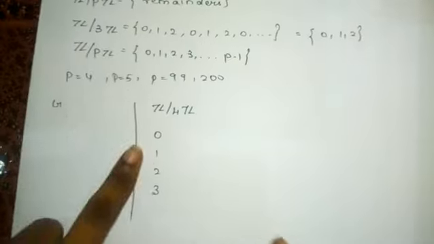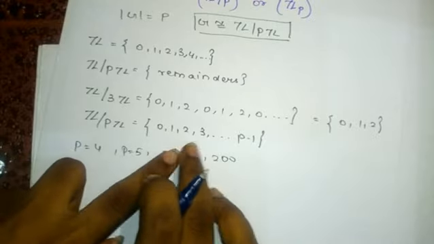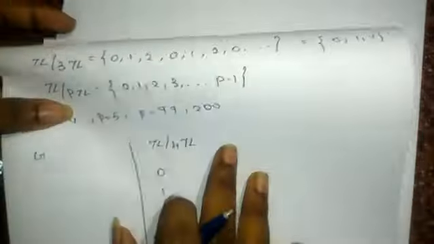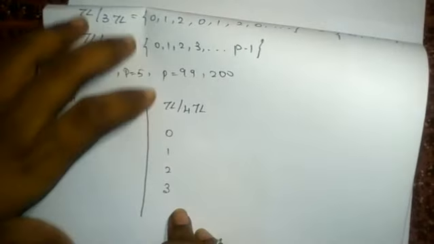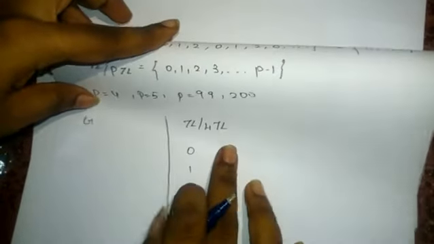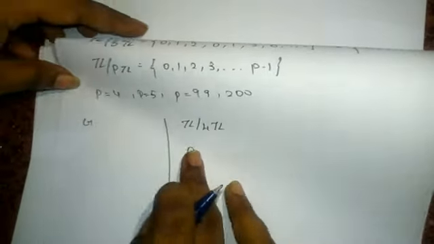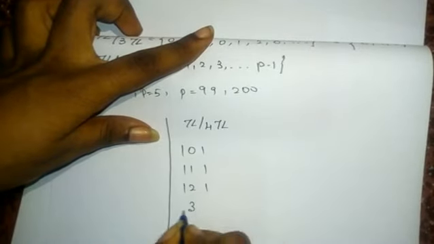Since you have seen here that Z modulo PZ goes from 0, 1, 2, 3 up to P minus 1, similarly I write it from 0, 1, 2 up to P minus 1, that is 3. Since I am going to compare the orders to prove that these two are isomorphic, I am going to find the order for this.